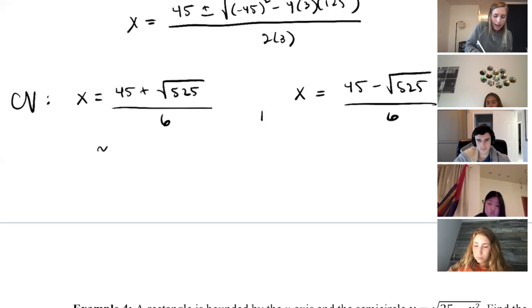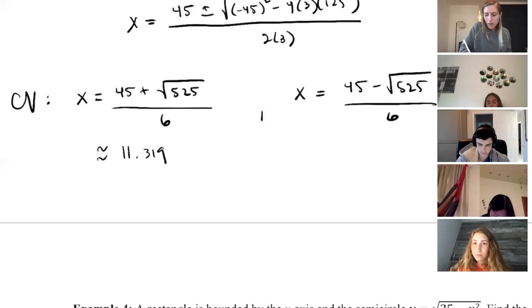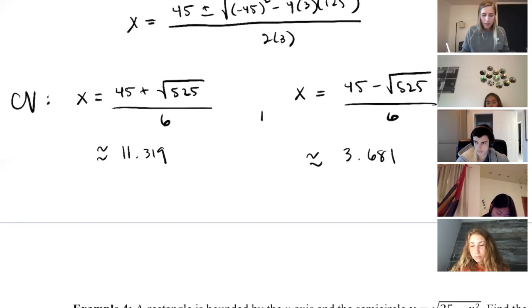Okay, so when it's 45 plus, that's approximately 11.319 versus if we're subtracting, that's approximately 3.681.